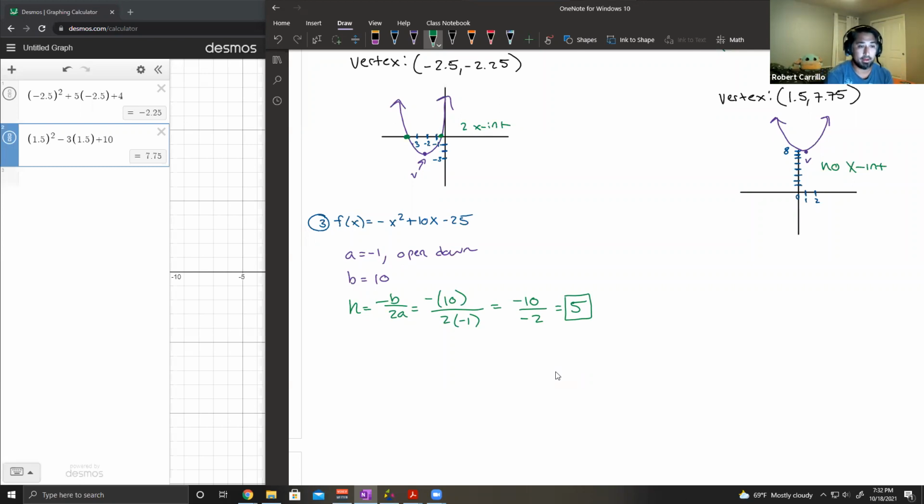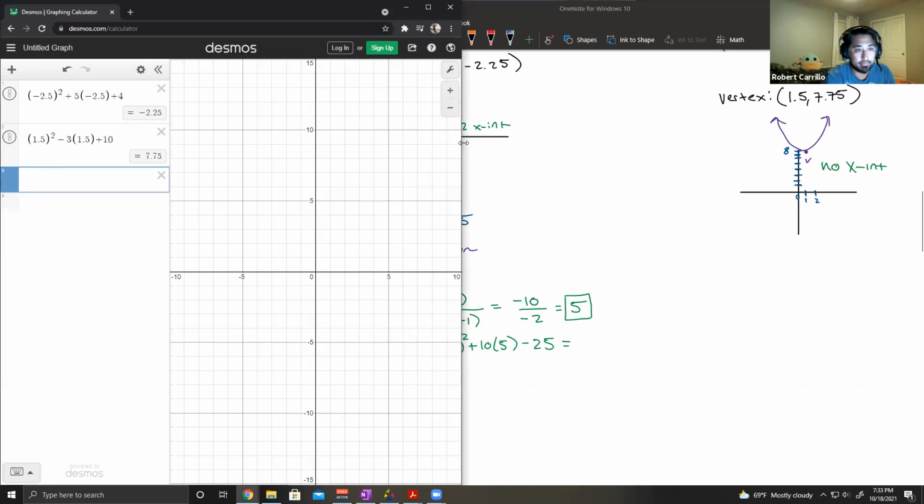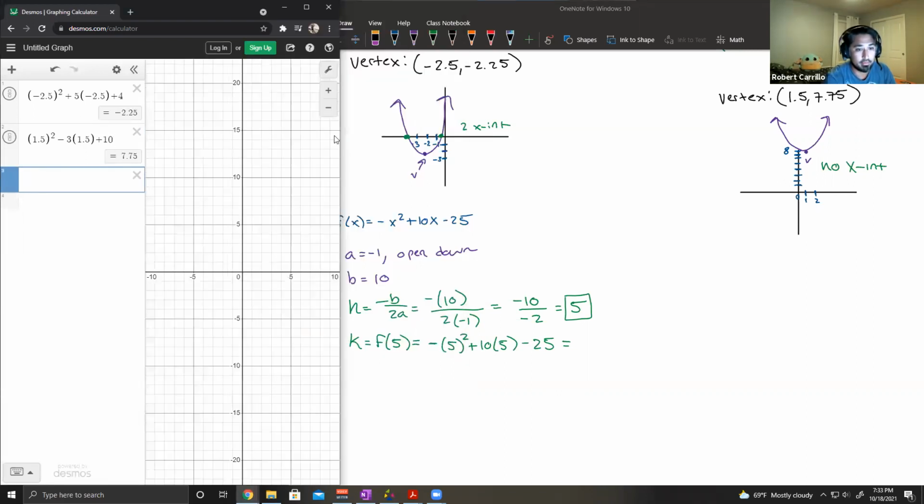And then for K, we take 5 and plug it into the function, and you get negative parentheses 5 squared plus 10 times 5 minus 25. Let's see what we get. Negative 5 squared.